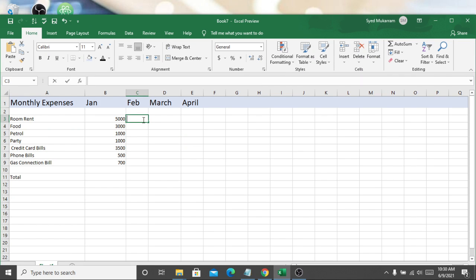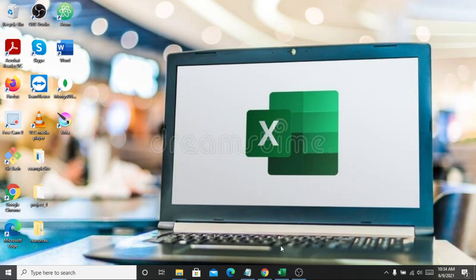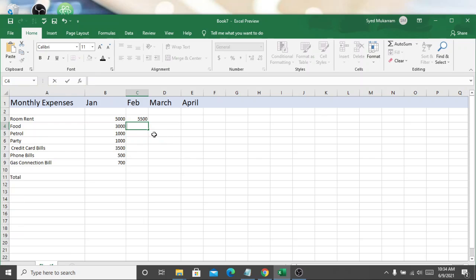So for Feb again, you could see there is an increase in room rent. 500 has been added, so it got increased. And in Feb, I had a few friends at my home and some good party work. Now we could see that in Feb we have more food expenses.